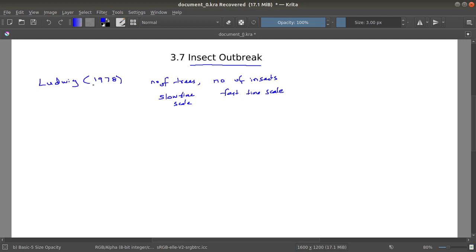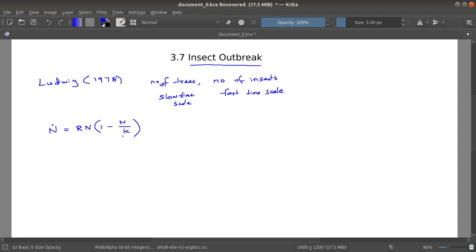So this person Ludwig proposed the model, and the model is in the following manner: n dot, where n is the population of the insect, is equal to, so we know the logistic equation, R n times 1 minus n by K, where R is the birth rate and K is the carrying capacity, where after a very long time n will reach the value K, right?